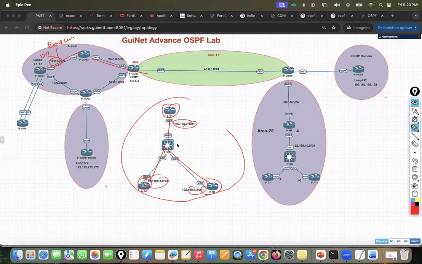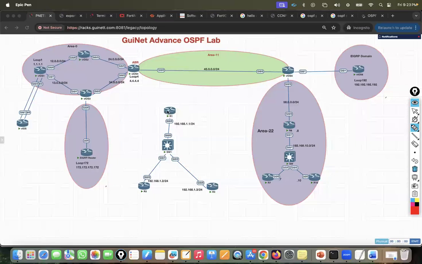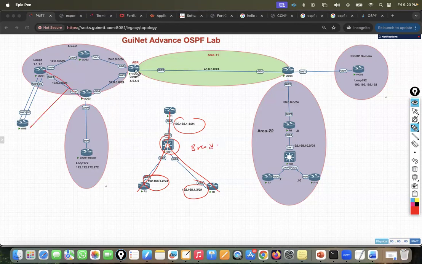Then in this topology, we will find one DR, one BDR. And how is this selection going to happen? There are three routers in the same network, all having the same series of IP addresses. They are connected to the switch, so they are in the same broadcast domain. This is one subnet, one broadcast domain. This is another subnet, another broadcast domain.